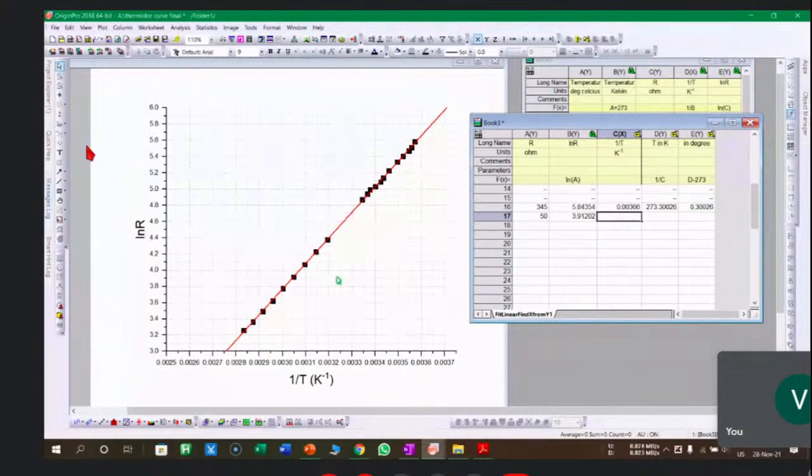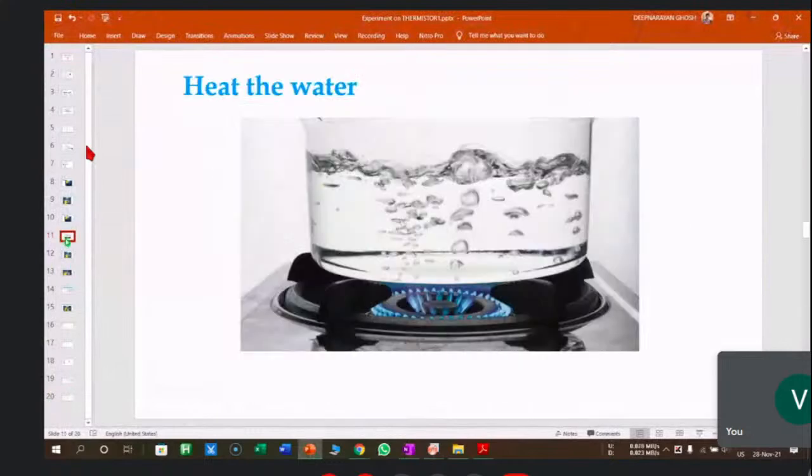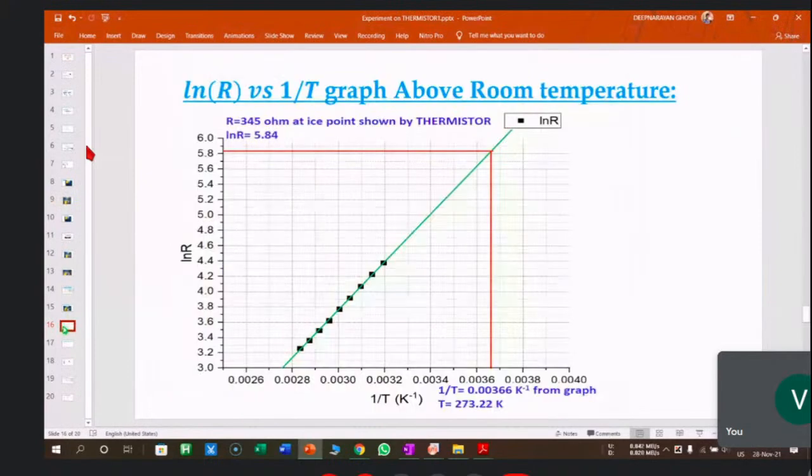Above room temperature calibration, the graph showing the ice bath means at resistance 345 ohm, the temperature is 273.22 Kelvin.